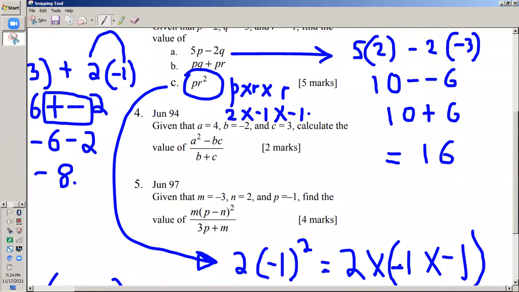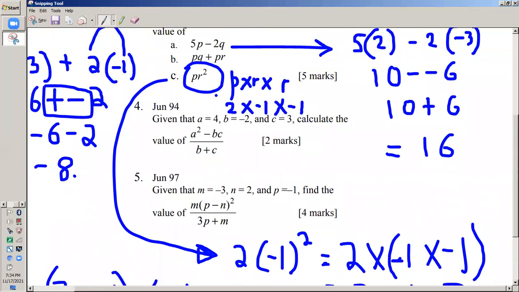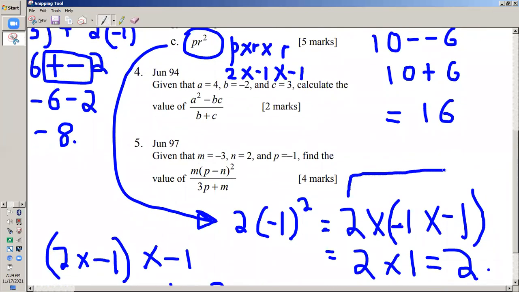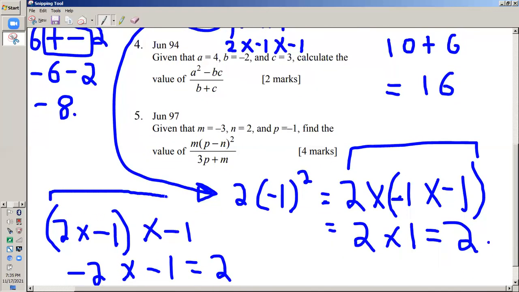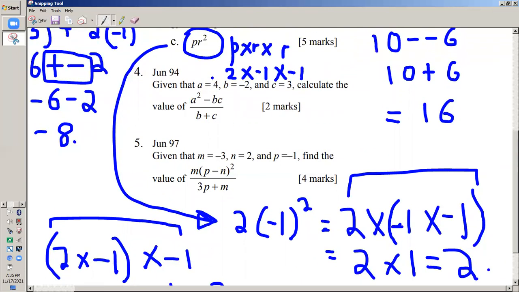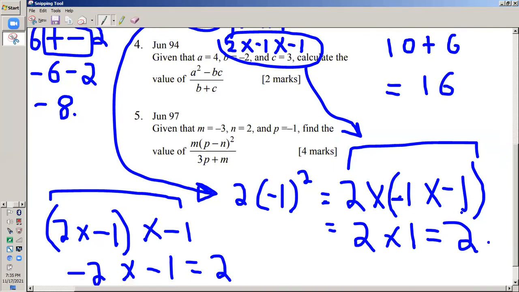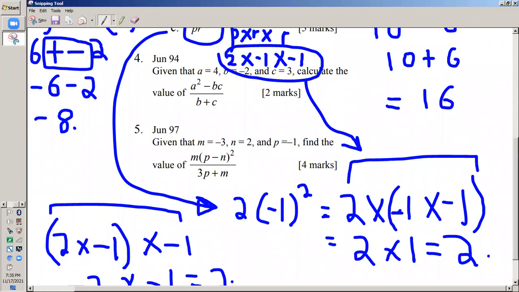It's the same setting out. See there? 2 times -1 times -1. No different. It's the same thing. It's just that I work with the last two first in this one, and then I work with the first two in that one.